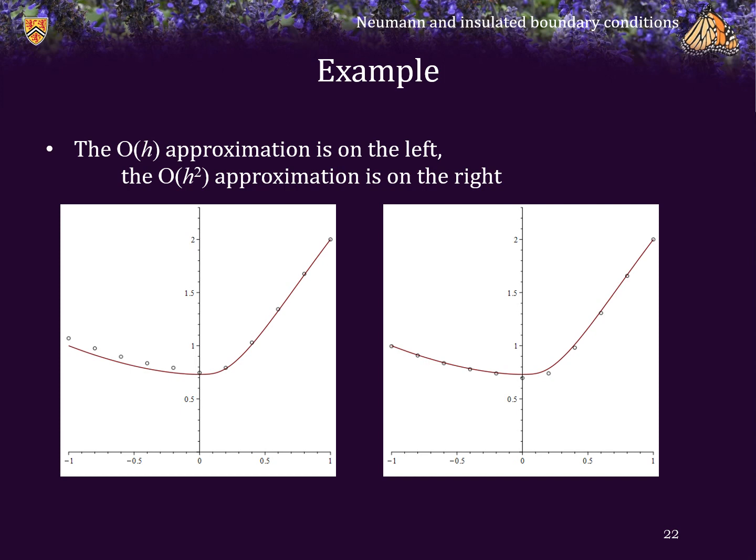So once again, it's important to remember it's bad to mix order h and order h squared approximations because the order h approximation will decimate any benefit you got from using the order h squared approximation. Consequently, when we use the order h squared approximation everywhere, then the final result was equally good everywhere.